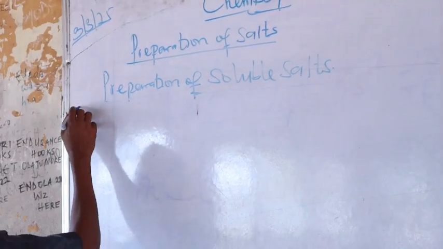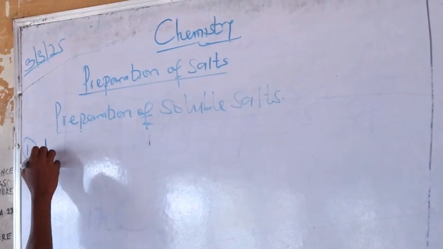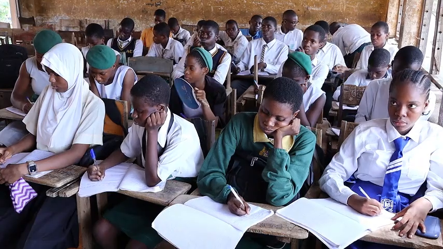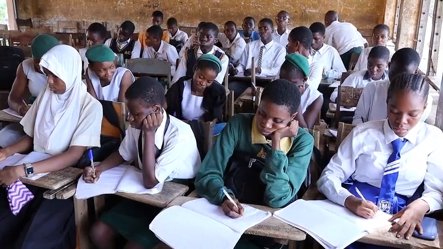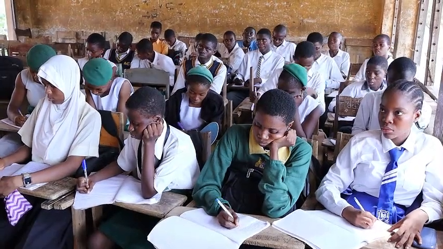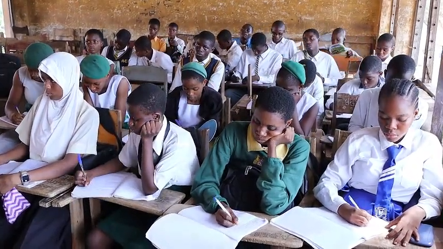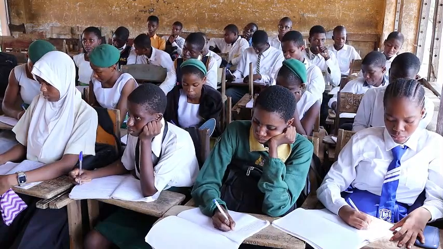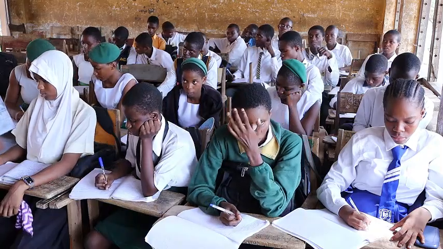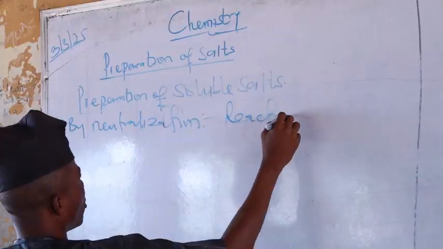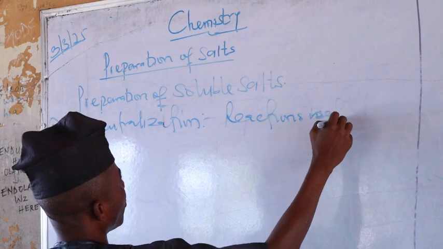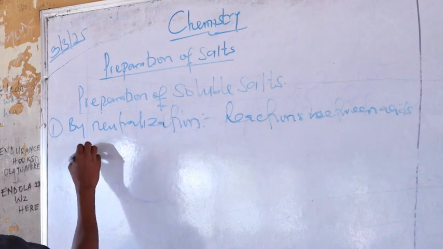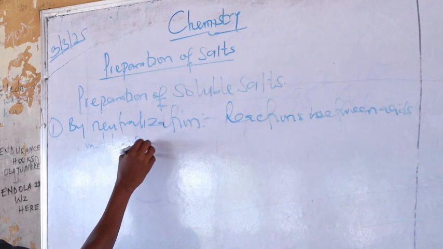Number 1, by neutralization. That means we can prepare soluble salt by reaction between acid and base.